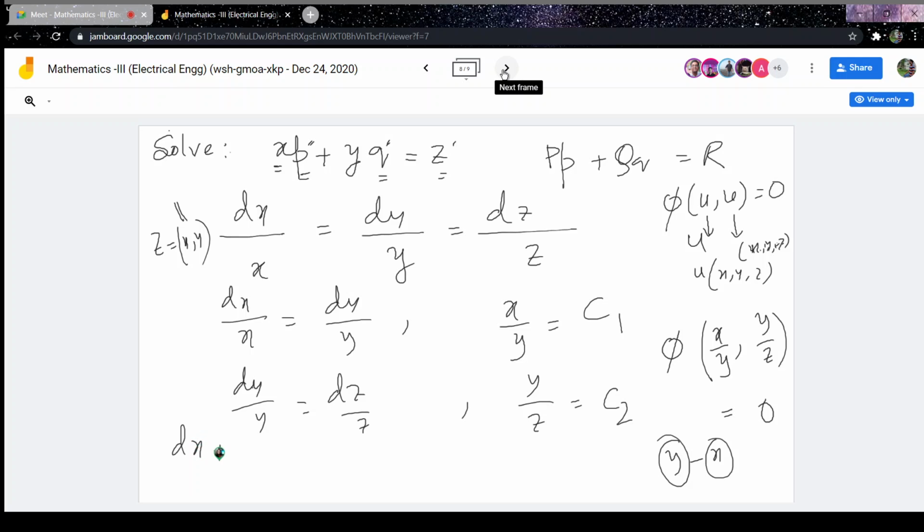dx plus dy plus dz. You know this is equivalent to this. If we integrate, this will be nothing but log of x plus y plus z, right?